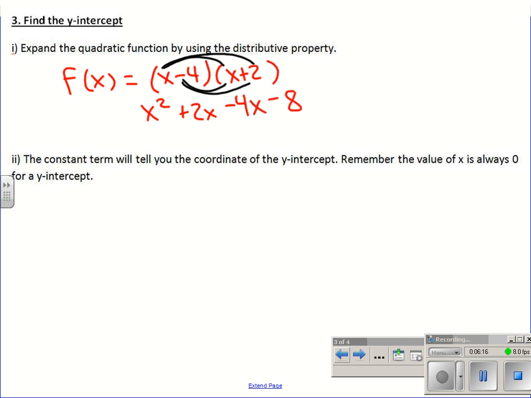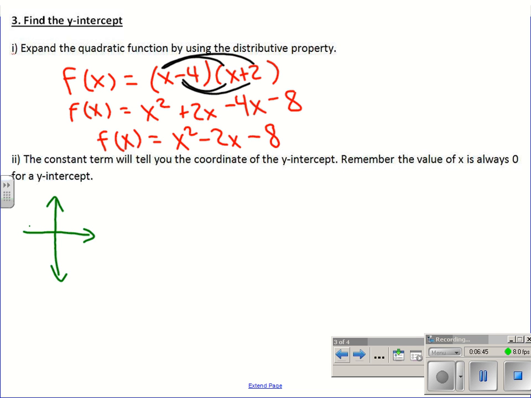So now we have f of x equals x squared plus 2x minus 4x minus 8. All we have to do now is combine like terms. So that's x squared minus 2x minus 8. So again, the constant term is what's going to tell us the y-intercept. Because remember, for a y-intercept, which happens on the y-axis, the value of x is 0 at any point along the y-axis.